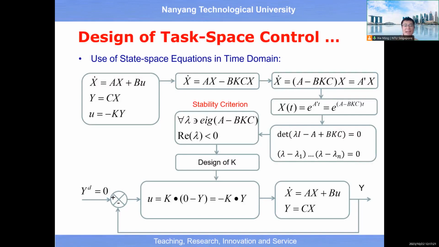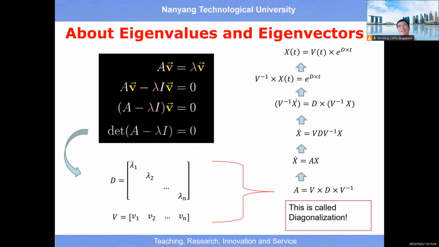Okay, and some background knowledge is in this slide. For those of you who do not know what eigenvalue and eigenvector are, this is just an explanation. That means for any matrix A, you can always find a series of vectors v so that A times v equals lambda times v, magic, right? So lambda is an eigenvalue. Then such a v is called an eigenvector, right? Then we can use lambda 1, 2, 3 to form a diagonal matrix, and the v's to form a V matrix.